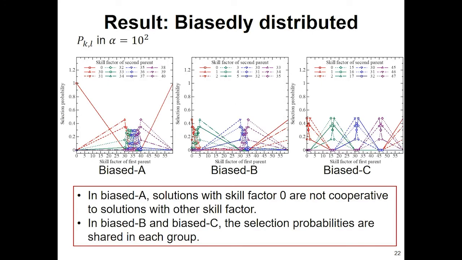This is the graph of PKL when alpha is 100. The graphs are for biased A, biased B, and biased C, respectively.